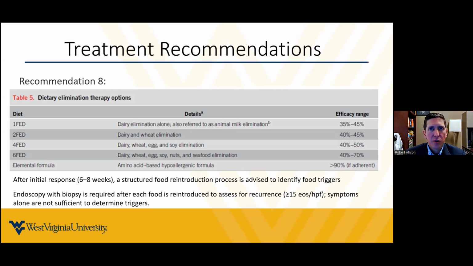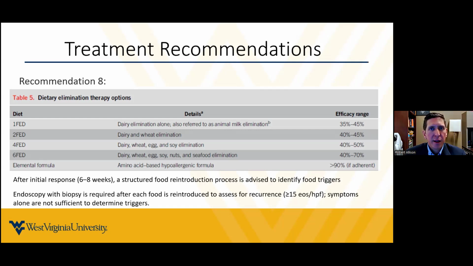And that would suggest that that food or that allergen is probably causing a problem. And so at the bottom of this slide, it's exactly that. Endoscopy with biopsy is required after each food reintroduction to assess for recurrence, and symptoms alone aren't sufficient to determine triggers.